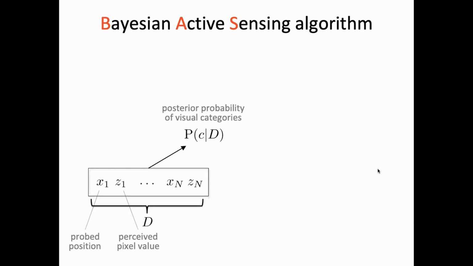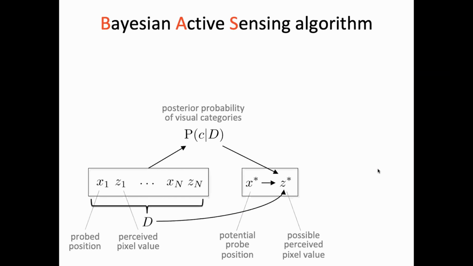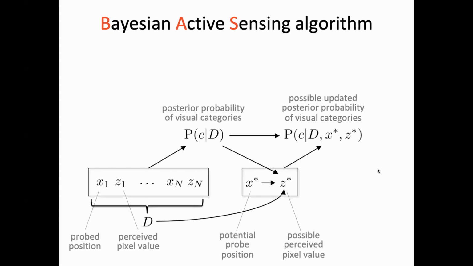Then for any potential probe location x star, we can compute the distribution of the possible perceived pixel value z star at x star. Here the word possible is used because we have not observed that pixel yet. Given a particular pair of possible probe location and perceived pixel value, we find a possible update of the category posterior.